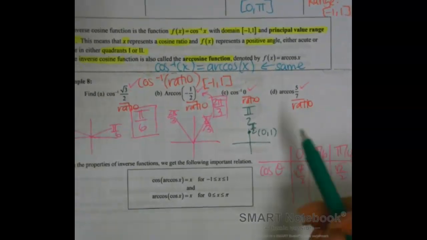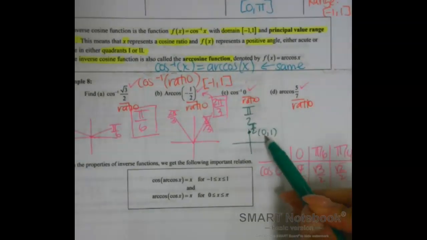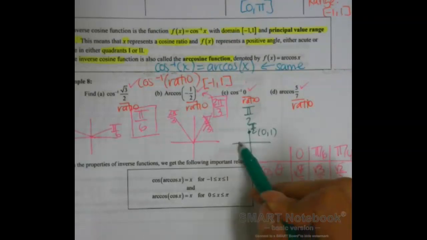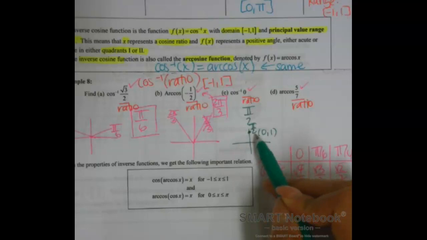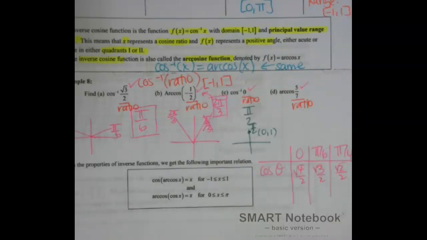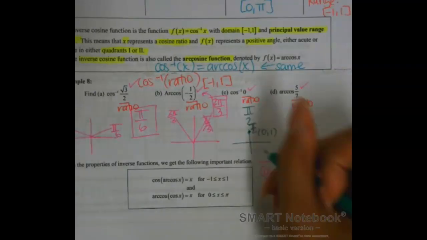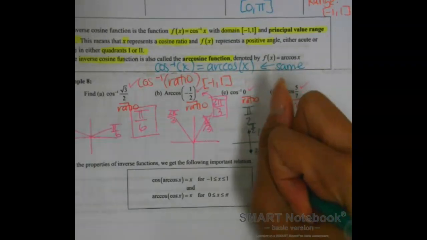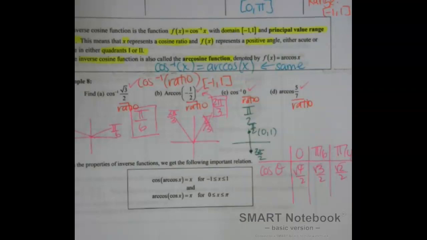Okay, so yes, technically it's not negative or positive, but we can only pick numbers that are between quadrants 1 and 2, so between 0 and pi. Where else will you get another cosine, which is an x-coordinate, that's 0? Negative pi over 2, or what else could you say it is? 3 pi over 2.